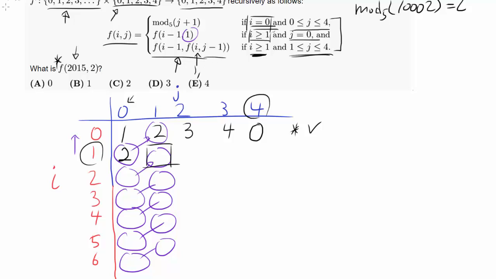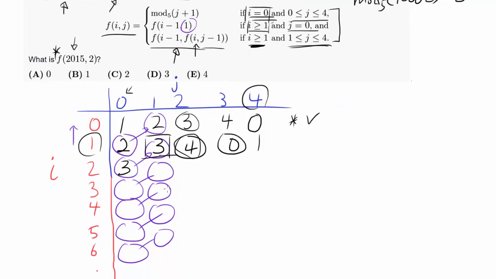So you're going to look at f at 1, 1, which is 2. So for this value, you're looking at 0, 2, which gets you 3. For this value, you're looking at 0, 3, so you're getting 4. For this value, you're looking at 0, 4, getting you 0. For this value, you're looking at 0, 0, which gets you 1. Maybe you're seeing some pattern. So this thing is going to become a 3.